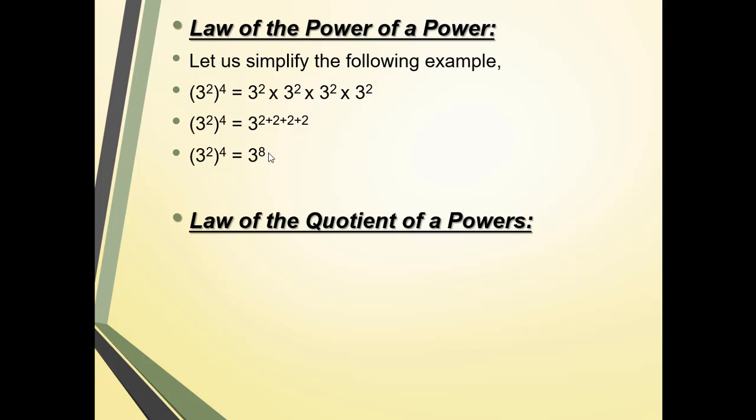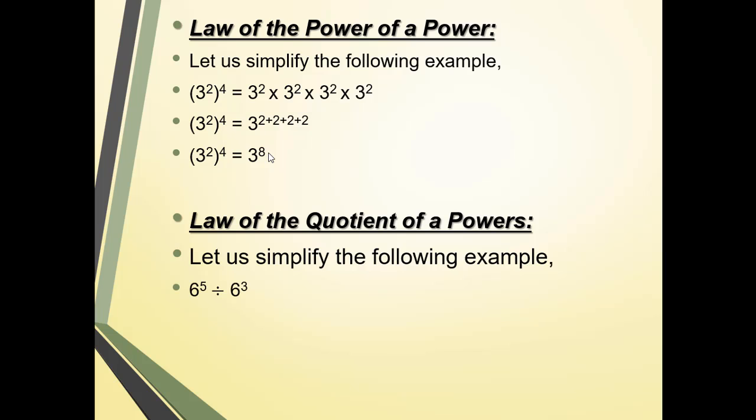Now, the law of quotient of powers. Let us simplify the following example. Over here, two values with the same bases are dividing each other, so the rule states that whenever the bases are the same and they are dividing, we need to subtract their powers, like this. First of all, we need to convert the sign of division into the multiplication sign, and the effect of that is we need to change the sign of the power of the base which is on the right hand side of that sign.